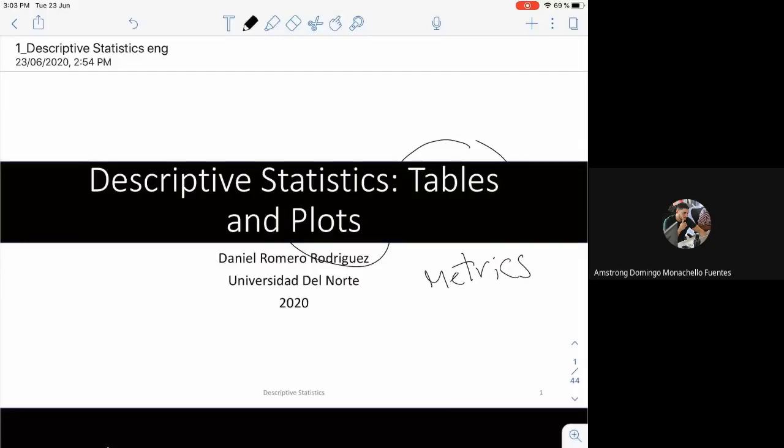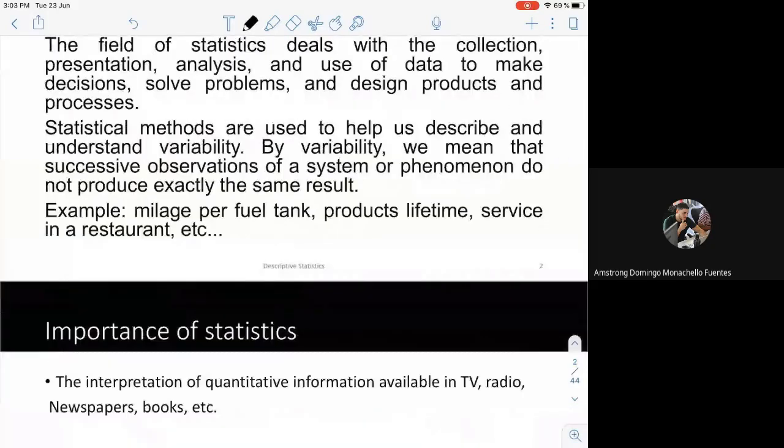Okay, so as I was saying, when you go to a restaurant, the service and the waiting time are different. Even if you have a car or a motorcycle, when you fill the tank, I'm pretty sure that the consumption of gallons changes. I mean, the number of kilometers that you can ride your bike or drive your car will change depending on different situations.